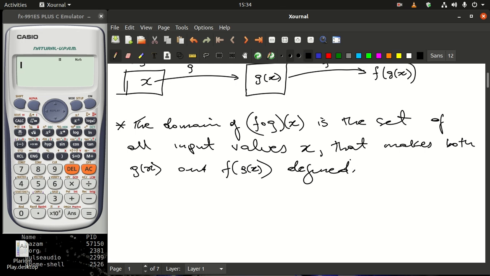That's what it is all about for the domain.